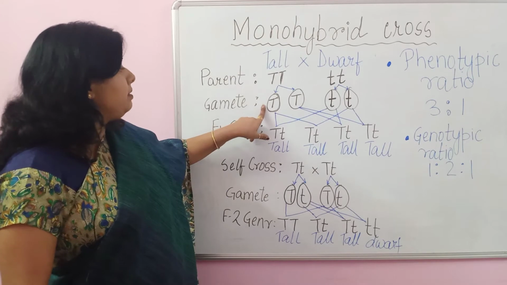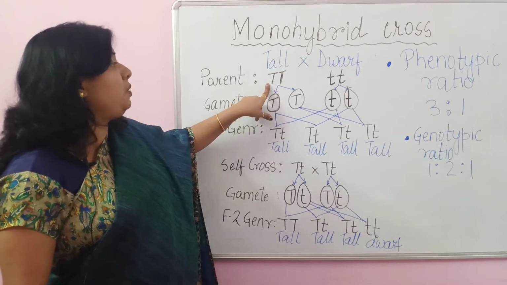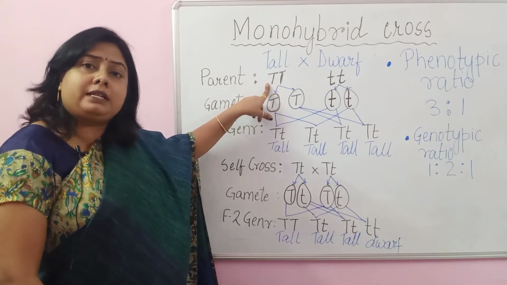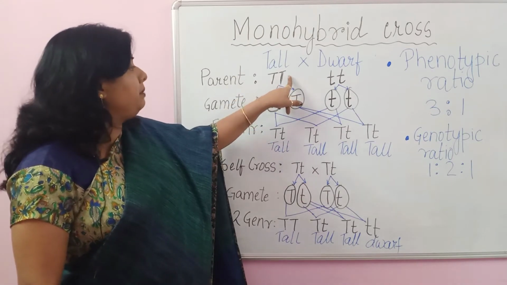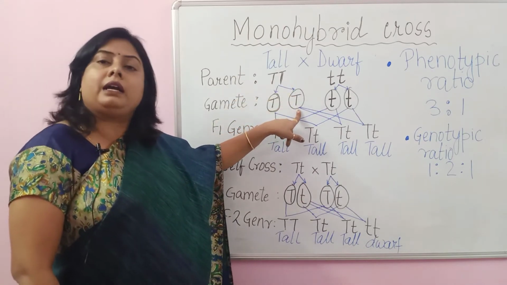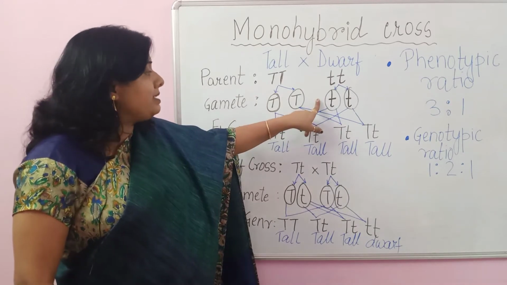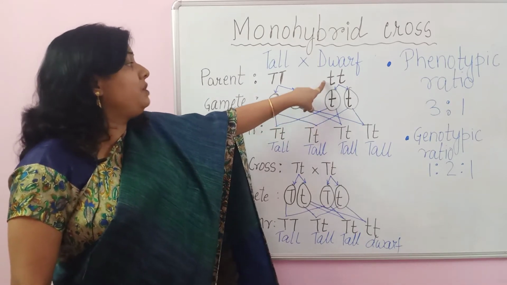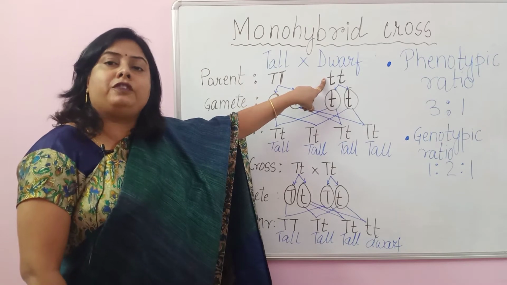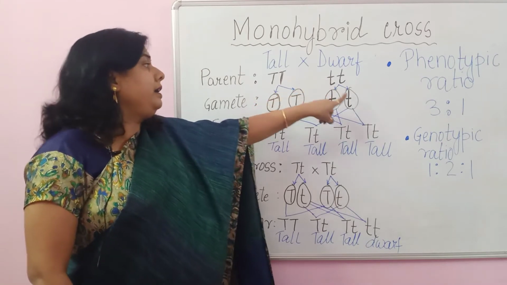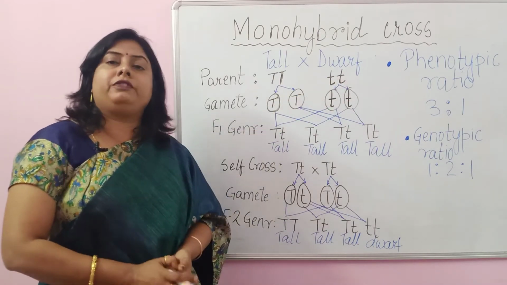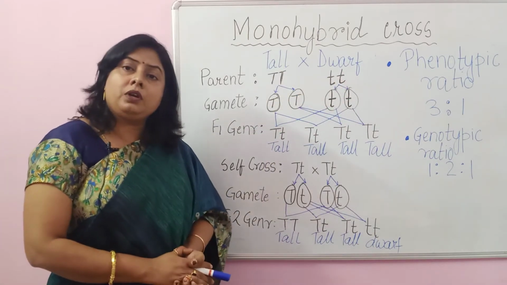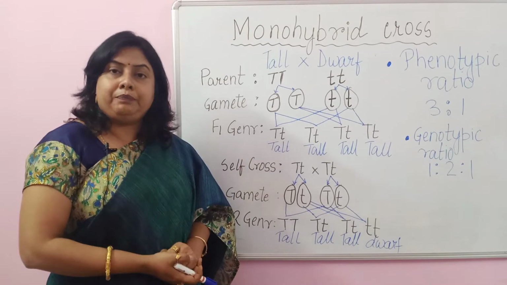So here, this gamete has received only one member of capital T and this gamete has received the other member of capital T. Likewise, this gamete has received one member of the small t, and this gamete has received the other member of the small t.